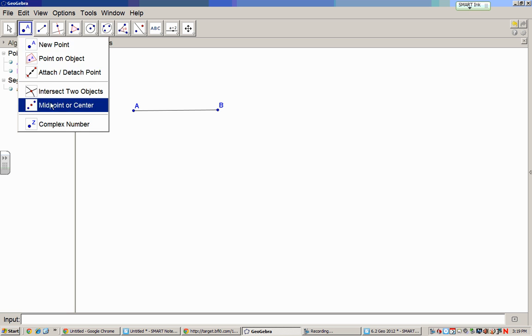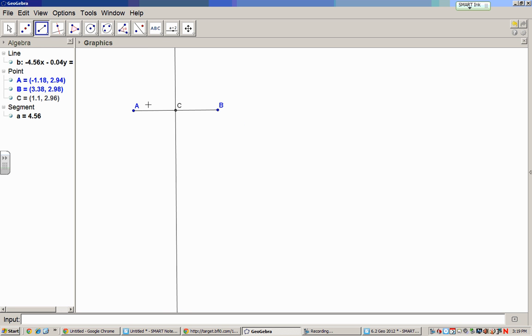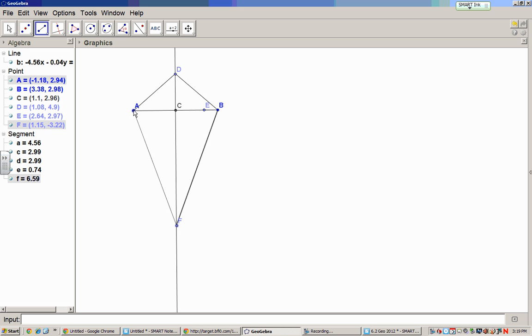If I take the midpoint of this line, which is C, and now I draw a perpendicular line through there, now we can connect these, and those two are congruent. If I connect this one to A, now this is another way we can get a kite where these two sides are congruent and these two sides are congruent.